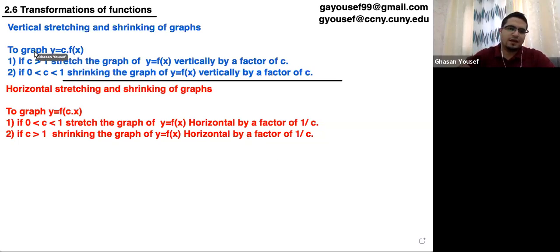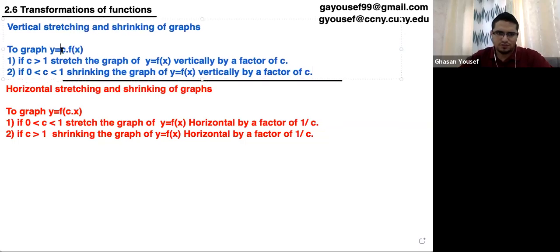If I have to graph a function like this, y equals c times f of x, and this c is outside the function, I mean outside the parentheses of the function, you have to know the graph of this function is shrinking or stretching depending on the value of c.